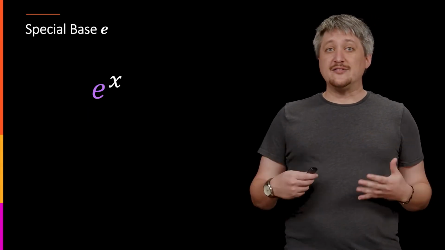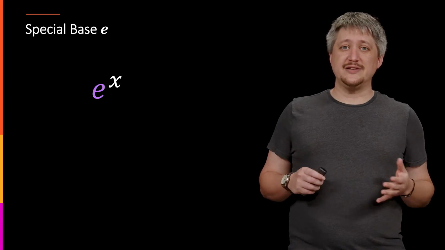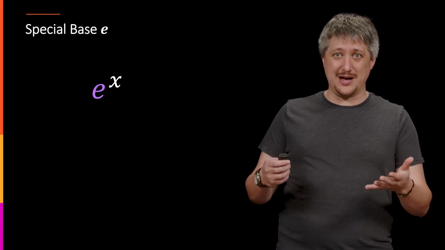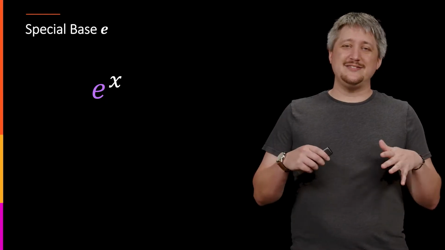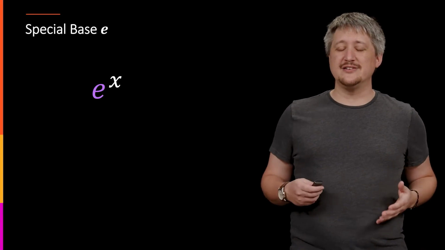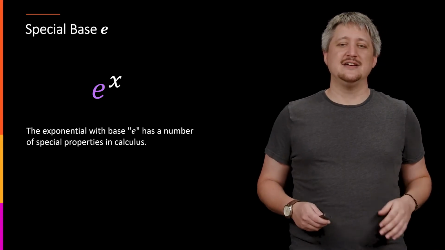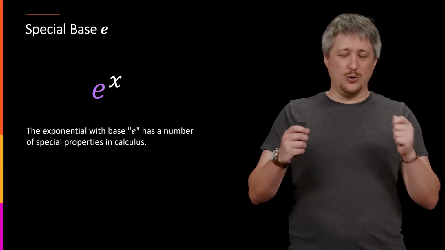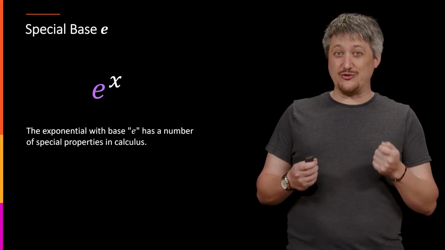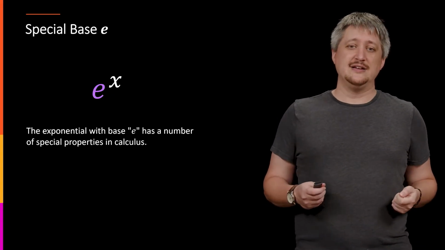All right. As mentioned, e is a special constant that is an irrational number like pi. It turns out that in calculus in particular, this exponential function e to the x has a whole lot of really special properties and has its own special role in calculus.